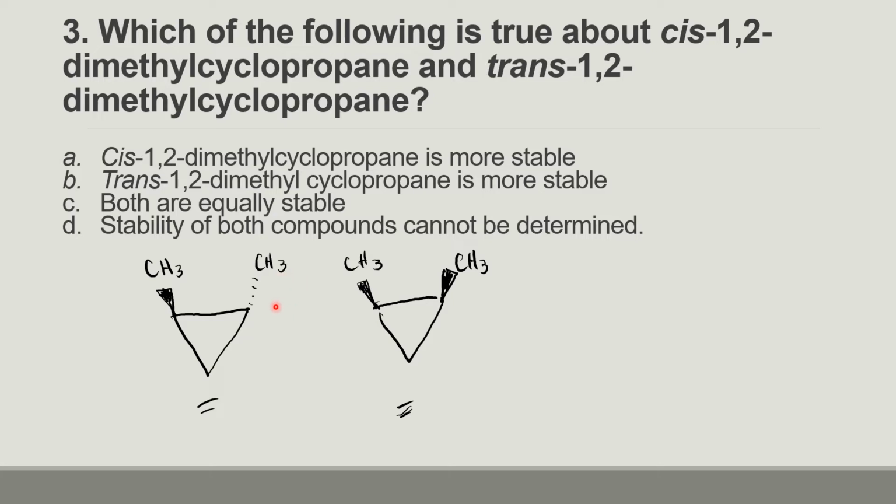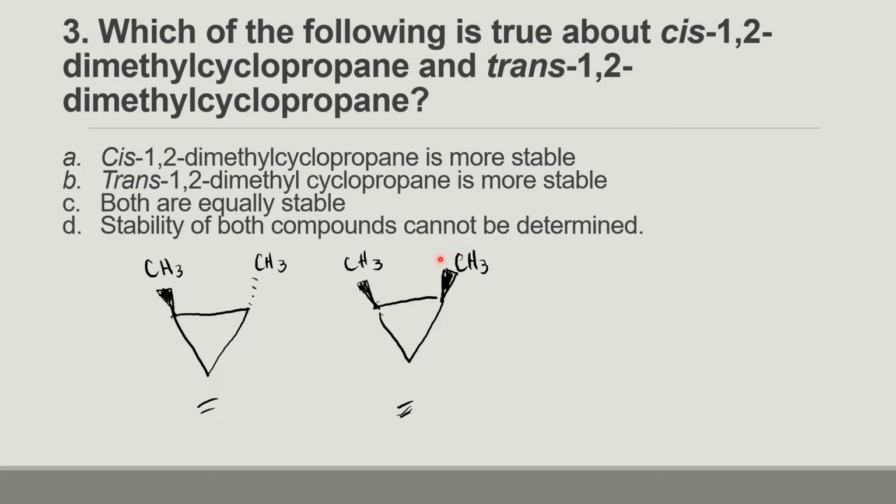So what we know, of course, as a textbook definition is that mas stable ang trans conformation because merong steric repulsion yung mga substituents kapag cis yung conformation. When you're on the same side, like in this case, CH3 is very bulky.